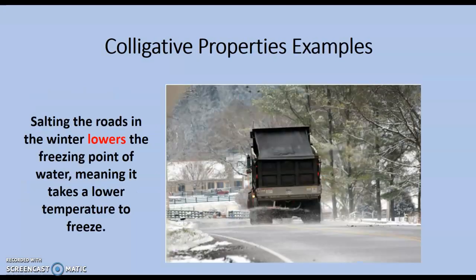So an example, I know this is not really prevalent to what happens here in the winter, but up north in places like New York and Chicago, the roads tend to freeze and causes black ice and lots of accidents. So they put salt down on the roads. Some people think that the salt is warming the roads and that's why the ice melts.